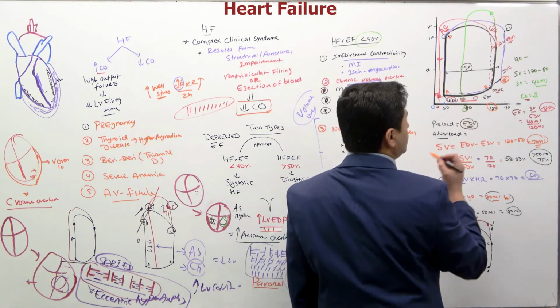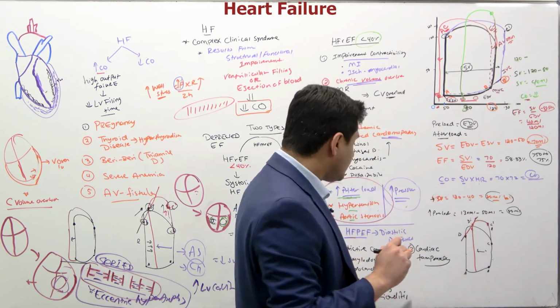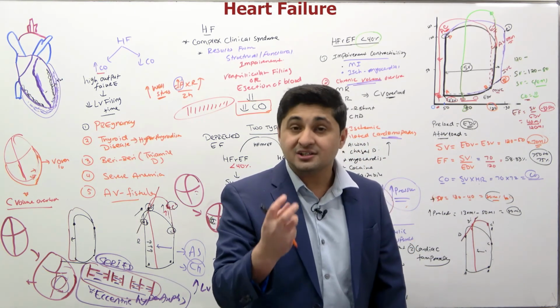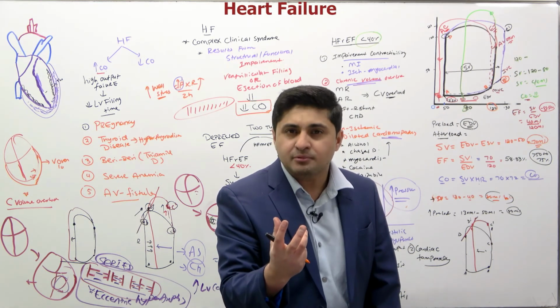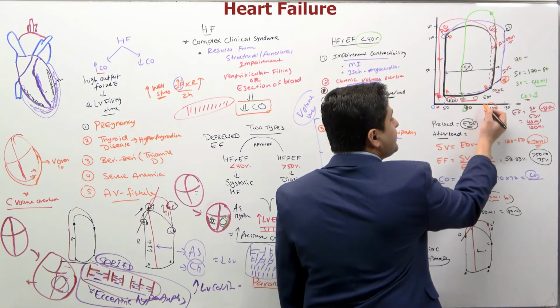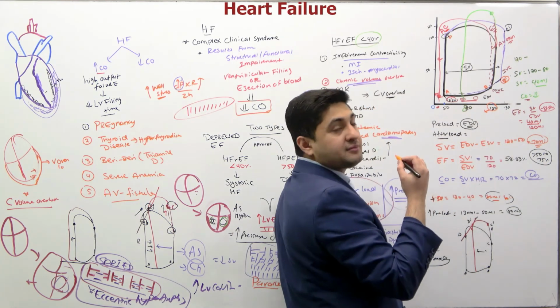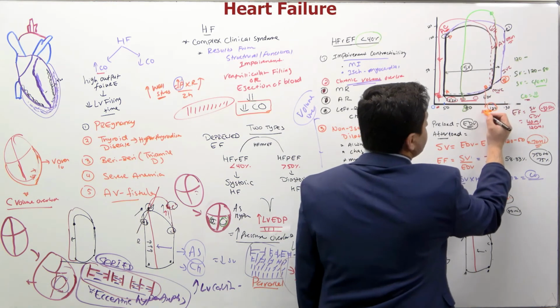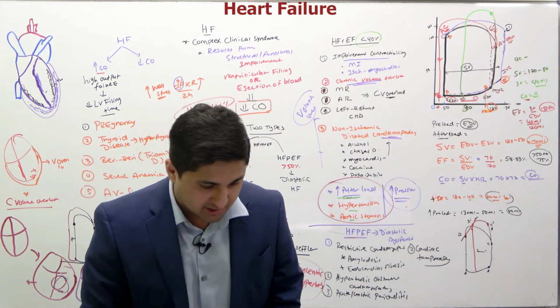In diastolic dysfunction, the ventricular filling time is compromised. The ventricle is not able to fill with blood, so maybe it's not filling 120 ml as it should.